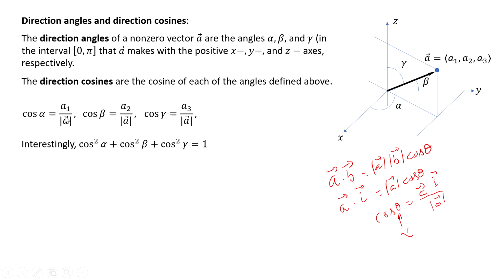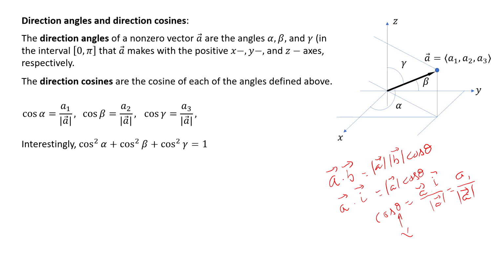So that's what this is doing. This is A dot i, but A dot i is just going to be a1 over the magnitude of A.